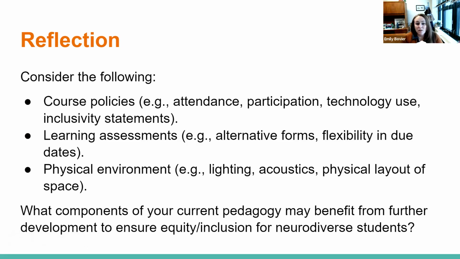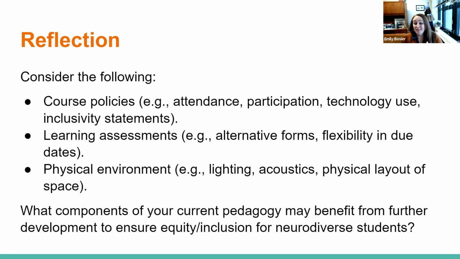We can also consider learning assessments. If you think about the way in which you quantify learning in your class, consider whether you have alternative forms for assignments or exams, flexibility in due dates, things like that. And the physical environment is also important to consider. Admittedly, we likely have less control over the physical environment, but we can keep in mind how it might impact someone.